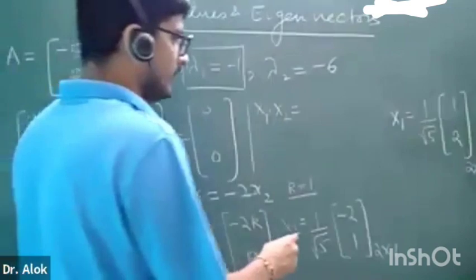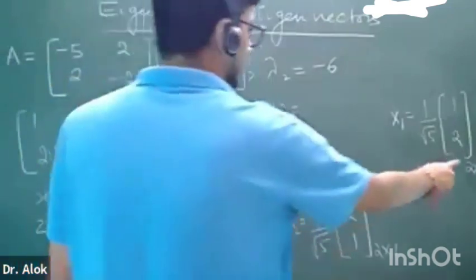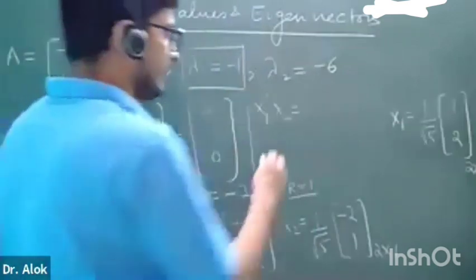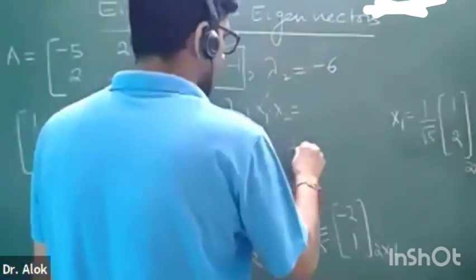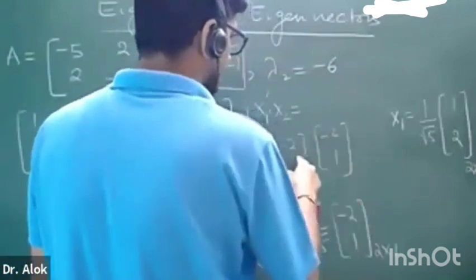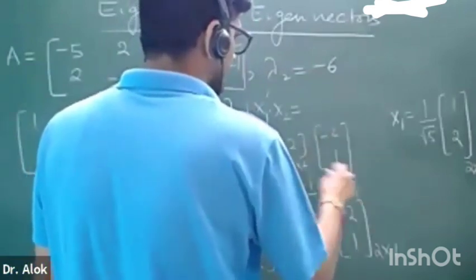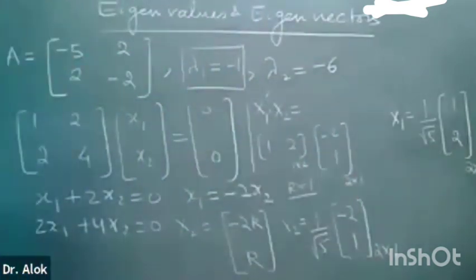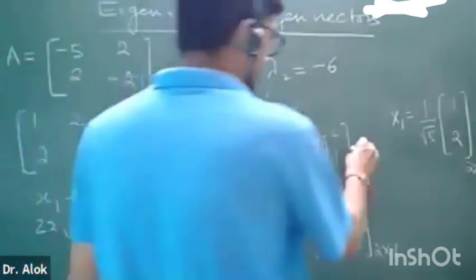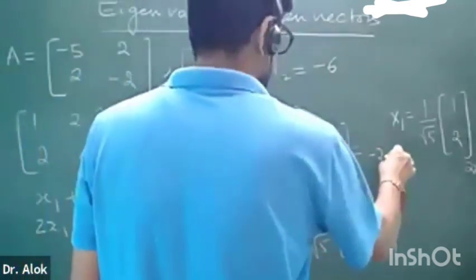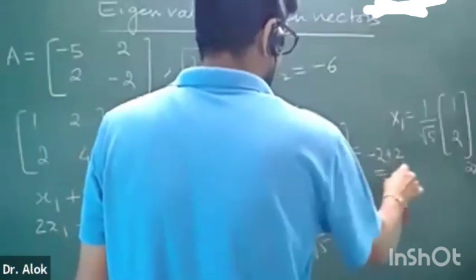So I can only multiply if this becomes 1 cross 2. So I will take the transpose of this. It will become 1 2, and this will become minus 2 1. So this is now 1 cross 2 and this is 2 cross 1. So the final answer will be 1 cross 1. That is what is known as the dot product. So it will become minus 2 plus 2 equal to 0.